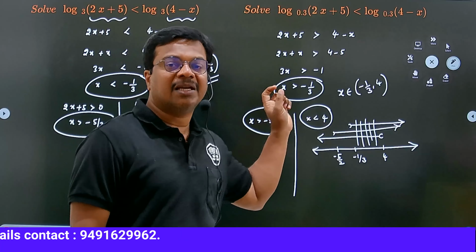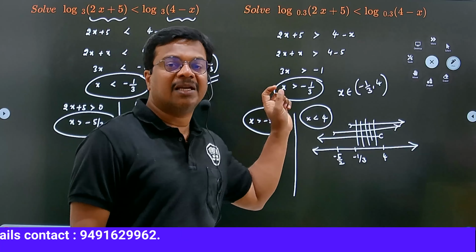See this, log of x square minus 5x plus 87 greater than 0, and there are different bases. First log with base 4, next log with base 2, and then log with base 2, and last one with base 3 you have.